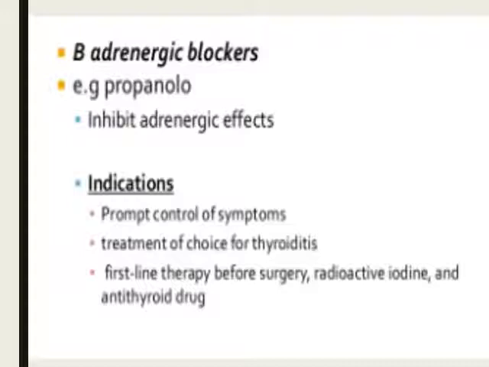They inhibit adrenergic effects and are also helpful in controlling symptoms like palpitations, sweating and tremors. Indications for use of beta blockers are prompt control of symptoms and the treatment of thyroiditis. They are first-line therapy before surgery and radioactive iodine, and for control of symptoms before antithyroid drugs.